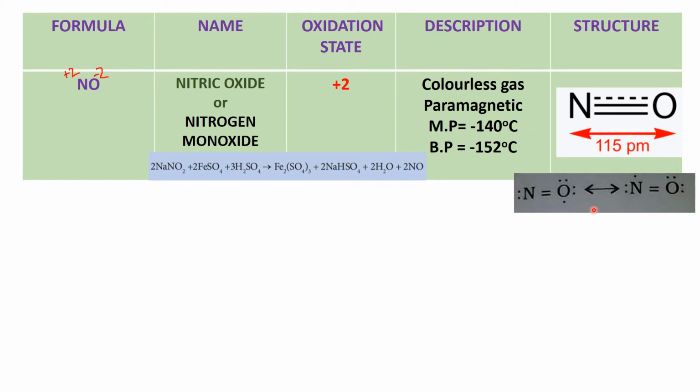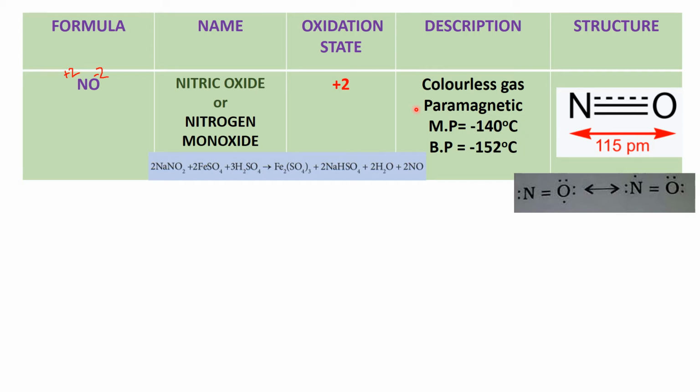Molecules such as nitrogen monoxide, which contain unpaired electrons, are referred to as odd electron molecules. The presence of the odd electron makes such molecules paramagnetic.